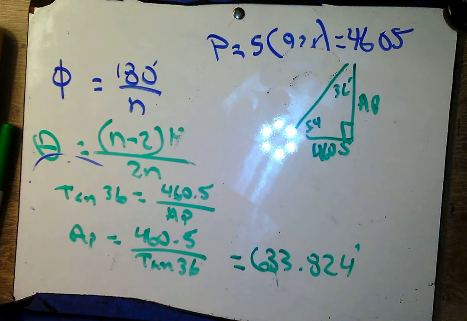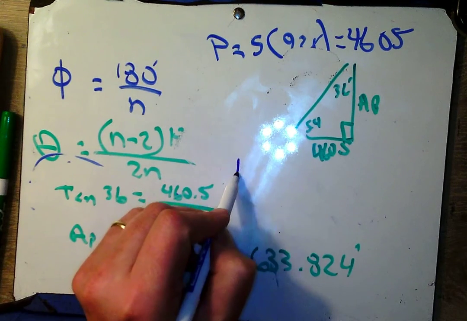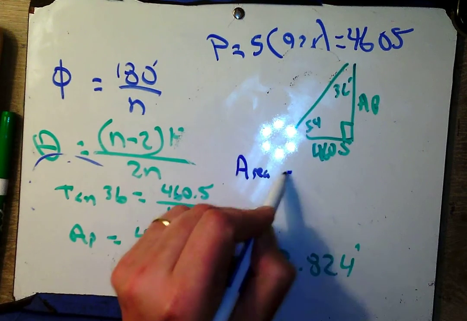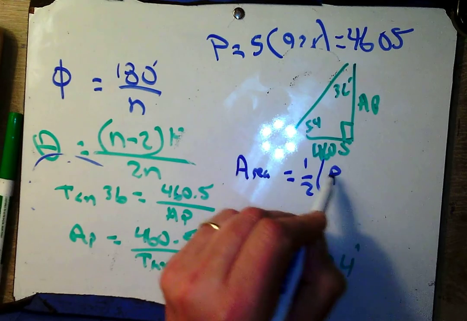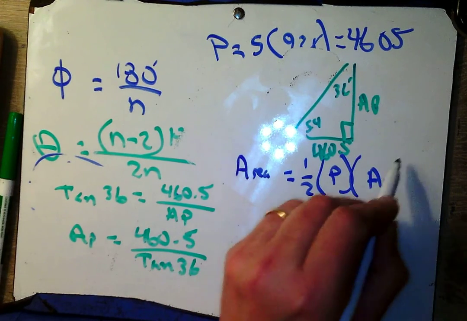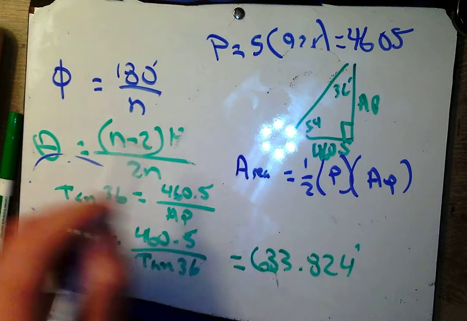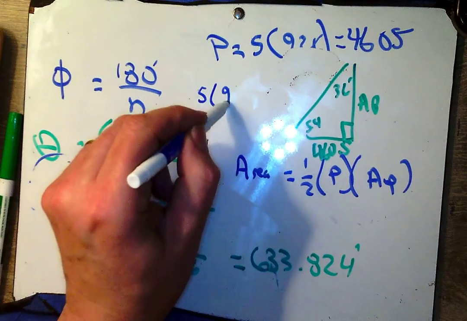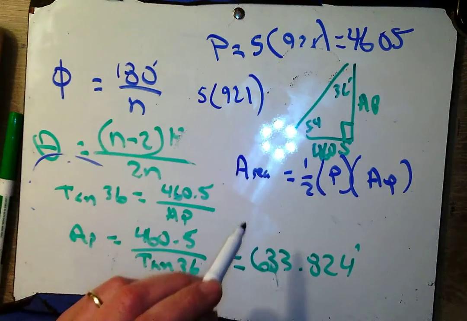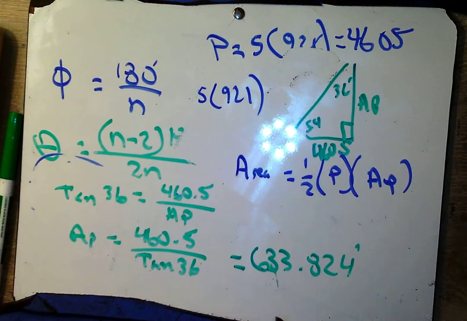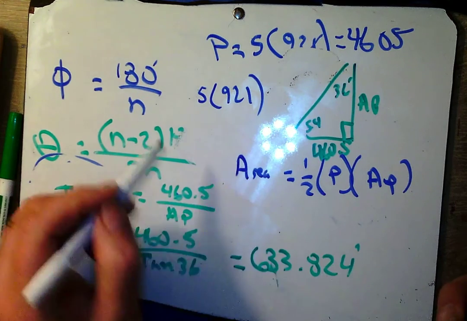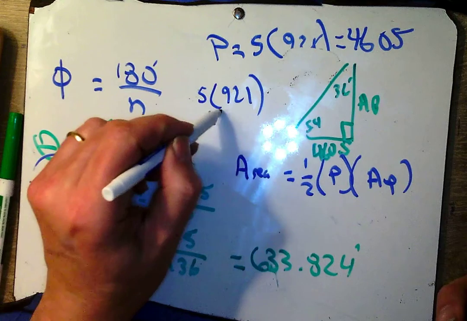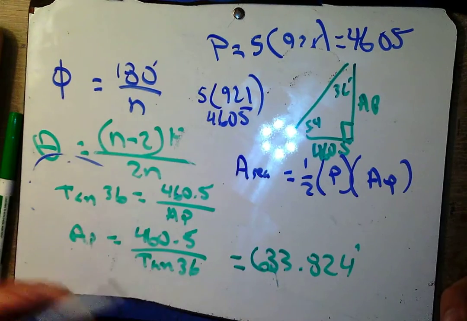Great. What's left? Well, remember, we're trying to find the area of this pentagon. And our area formula is 1/2 perimeter times apothem. Our perimeter, well, we have 5 sides, and each of them is 921. So 5 times 921, and I get 4605. Okay.